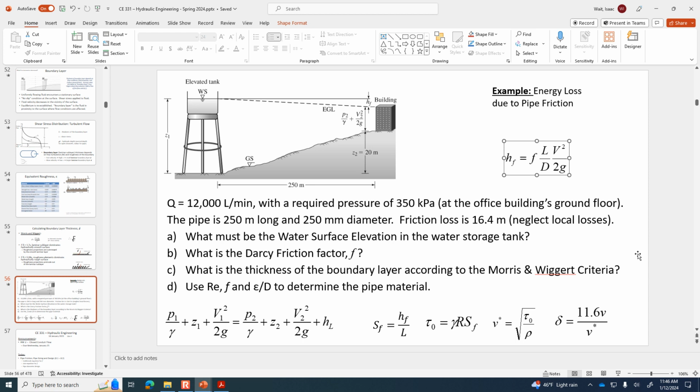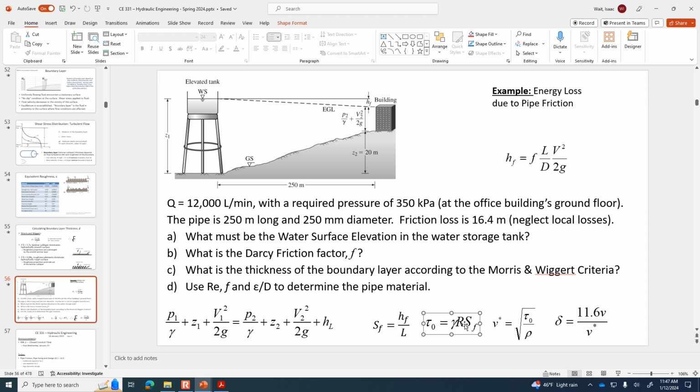So for this pipe, the friction factor is 0.0194. If we were to back calculate, based on the known head loss, the thickness of the boundary layer according to the Morrison-Wigert criteria, to determine that, we're going to have to know the slope of the energy grade line, because we're going to need to be able to calculate the shear stress.